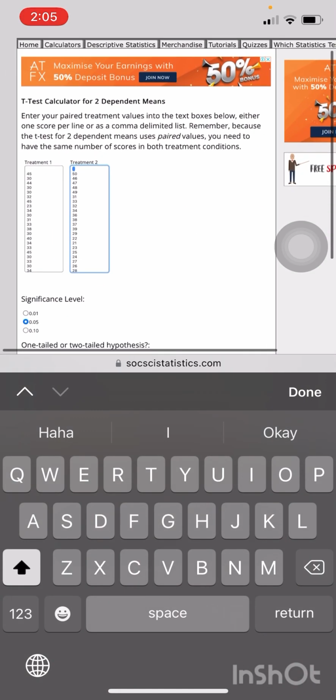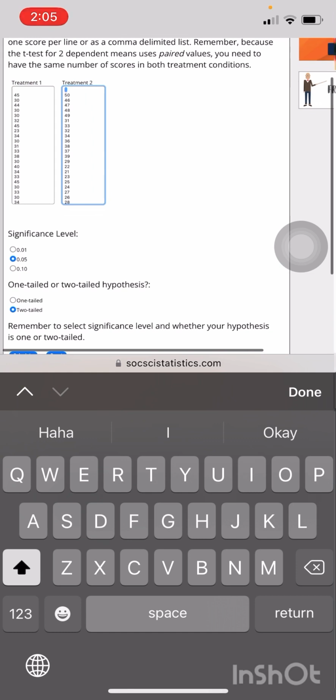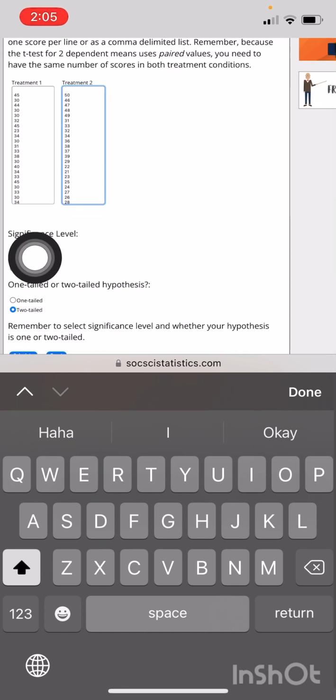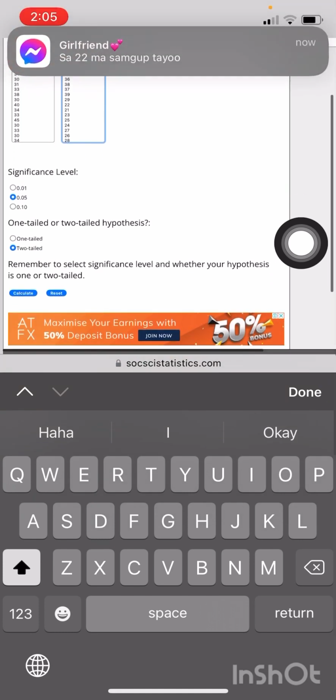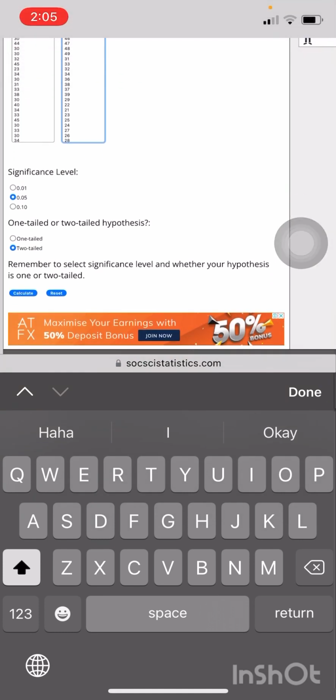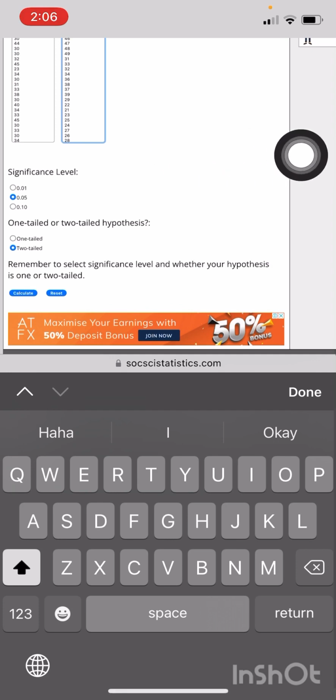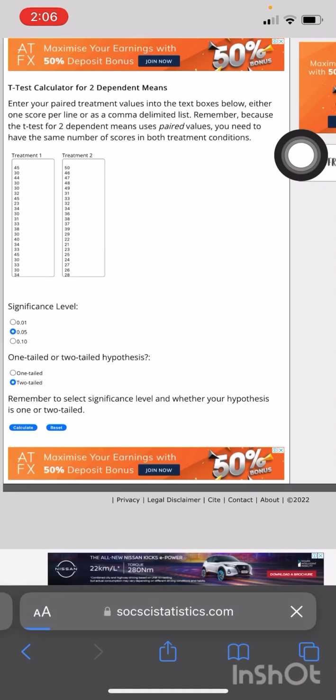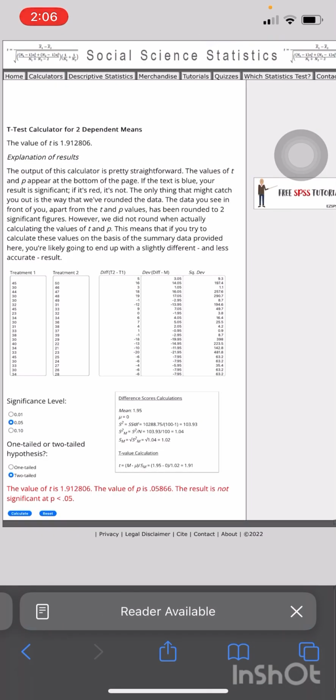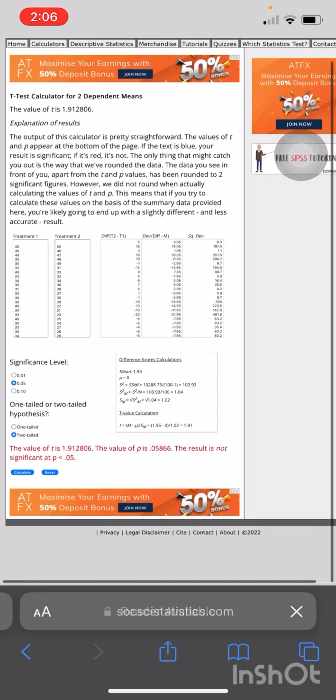We will use the significance level 0.05 and a two-tailed hypothesis. In order for us to know the p-value of these data, calculate.